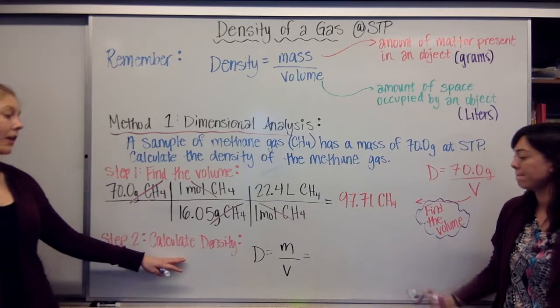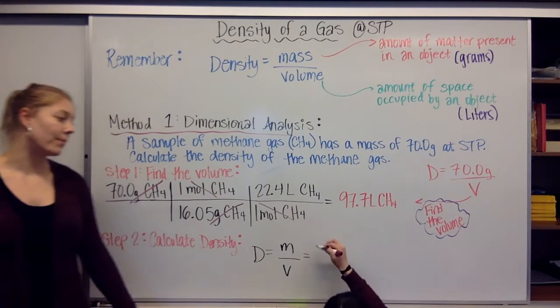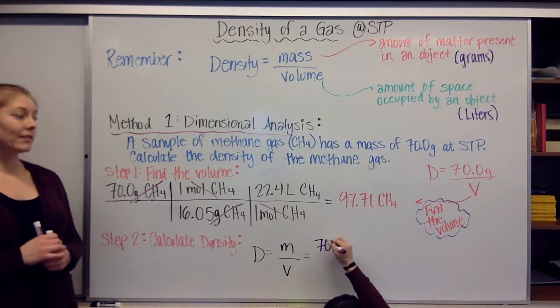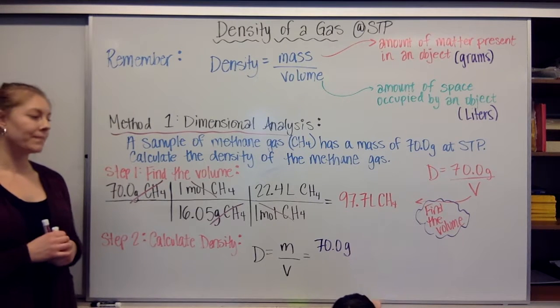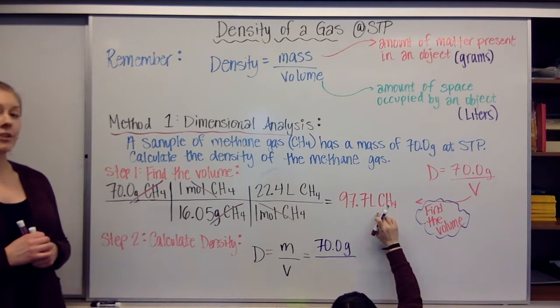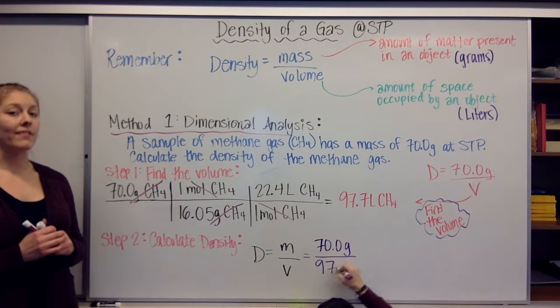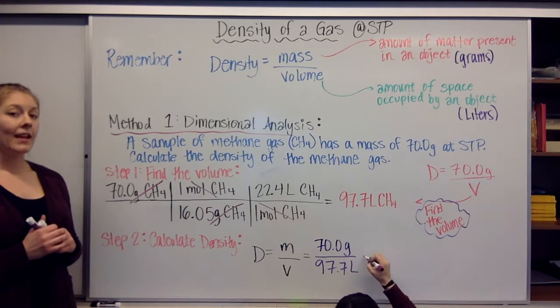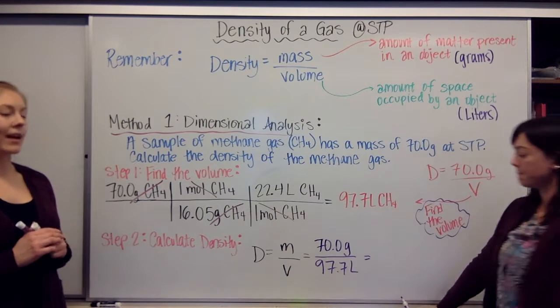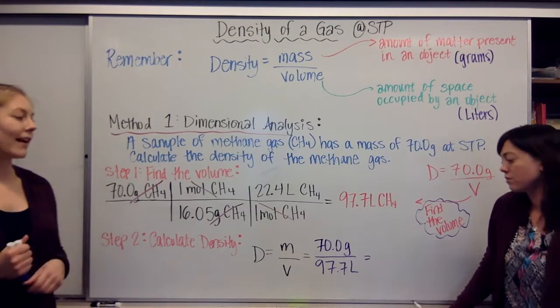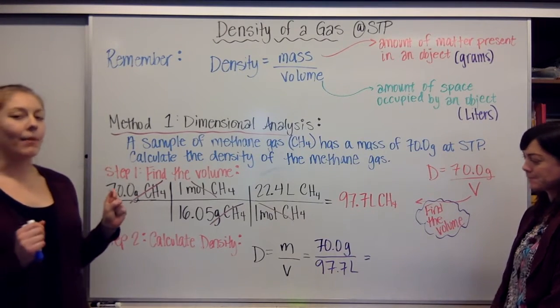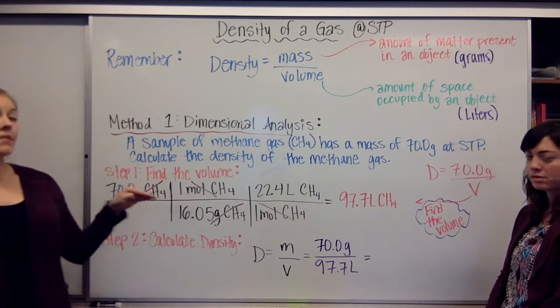Okay? So we're going to plug in our numbers. Density equals mass over volume. Our mass that we're given is 70.0 grams. Our volume that we just calculated is 97.7 liters. Now, because I'm very particular about this in class, I didn't say it, but I want you to write it. Grams of what?